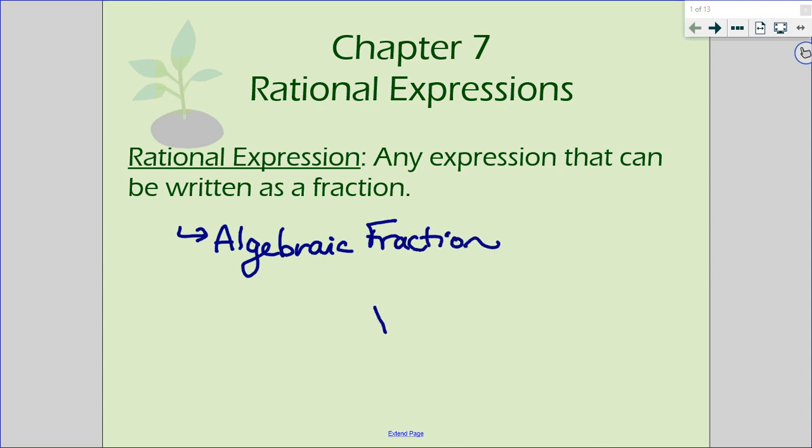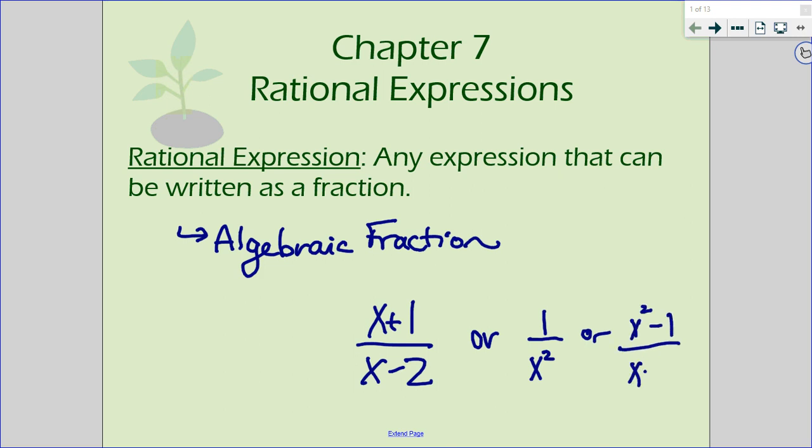So for example, x plus 1 over x minus 2. That is a rational expression because you have an algebraic expression in the numerator and in the denominator. You could have something like 1 over x squared, or x squared minus 1 over x plus 2.